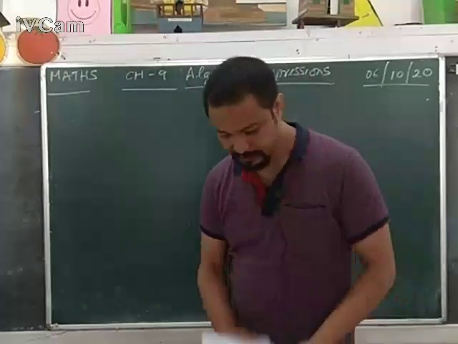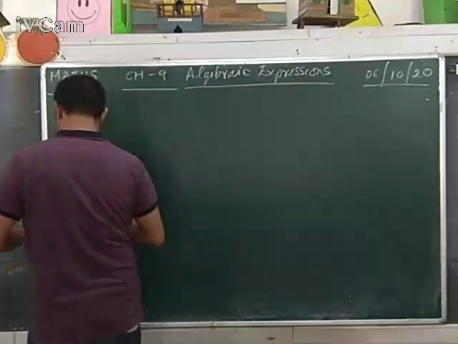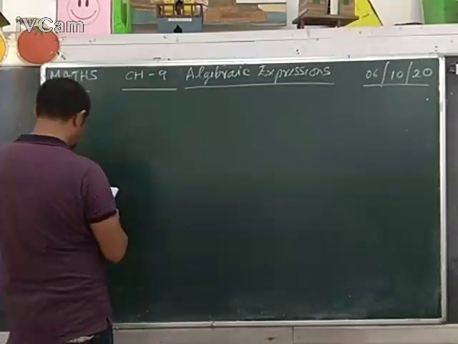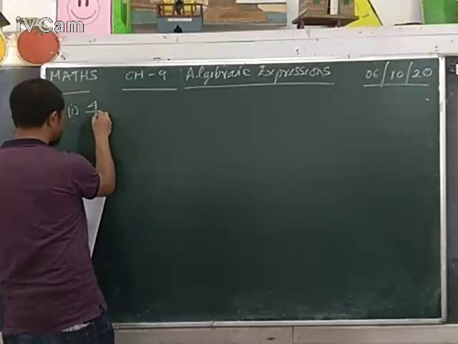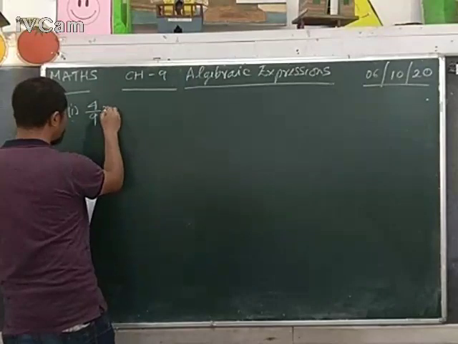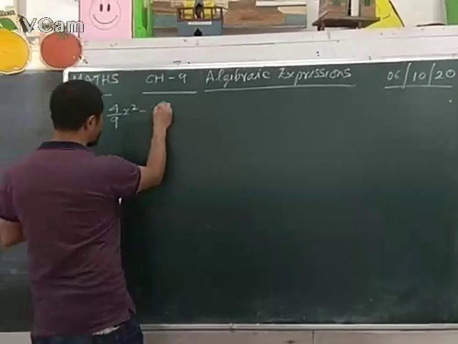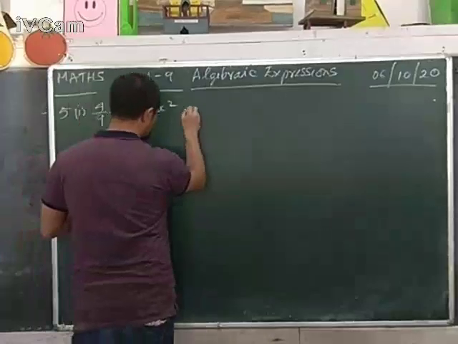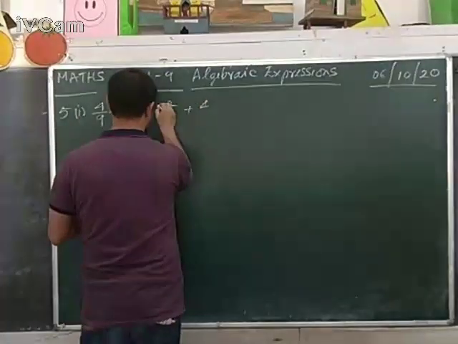Okay. So, let me just write down. I'm not going to write the way it is there in the book. I'm going to write it the way I've done it in my own personal copy. Or x square minus 4 by 9 x square plus 4.